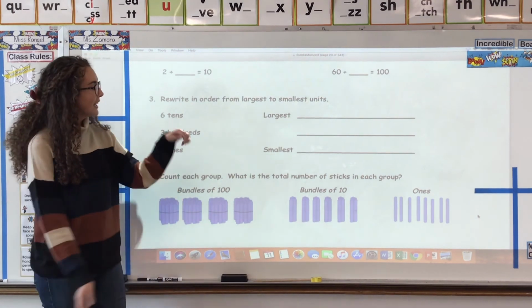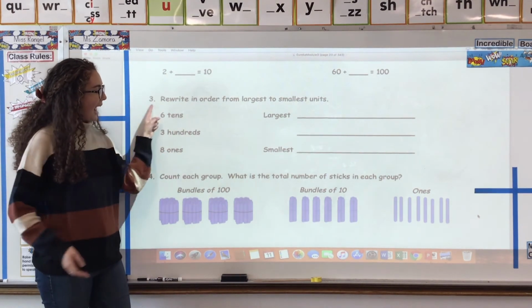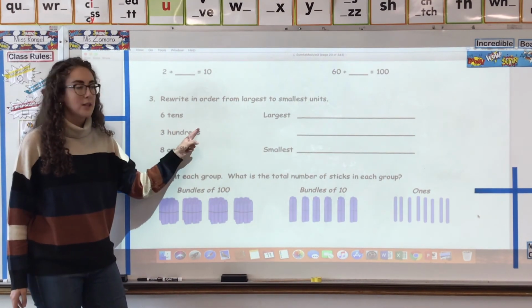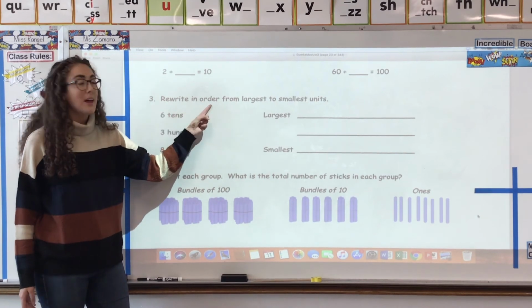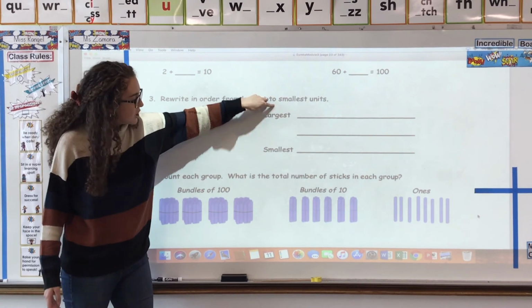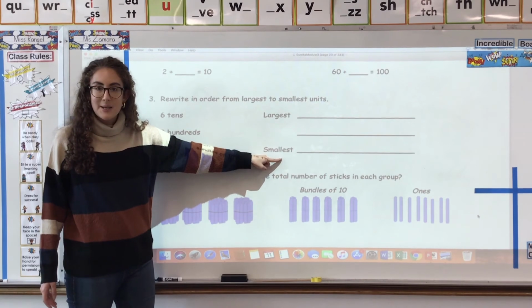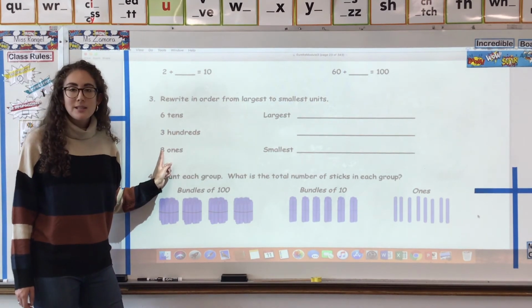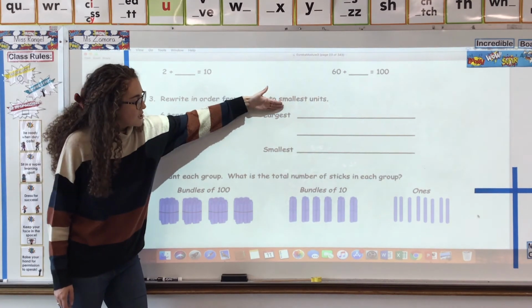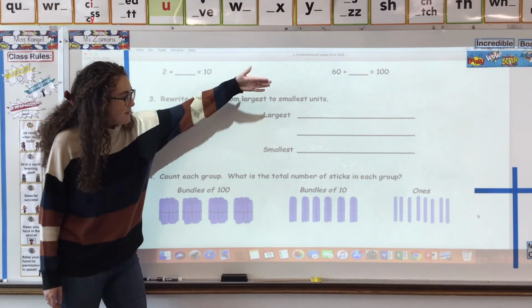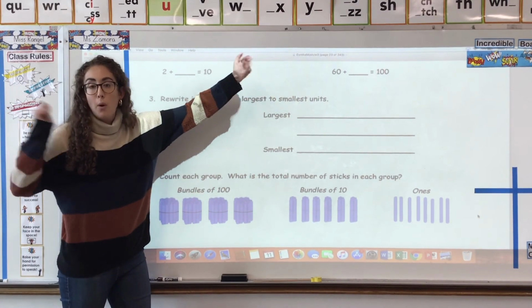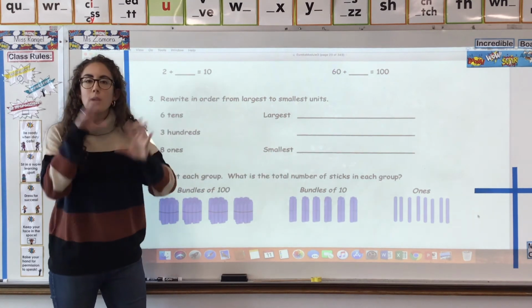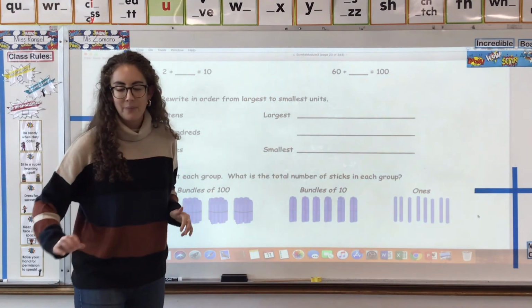After that, you are going to take a look at number 3 and these 3 values, and you're going to rewrite them in order from largest to smallest. By understanding these values, you're going to have to figure out which one's the biggest, and order them from the biggest number with the most value to the smallest number with the least amount of value.